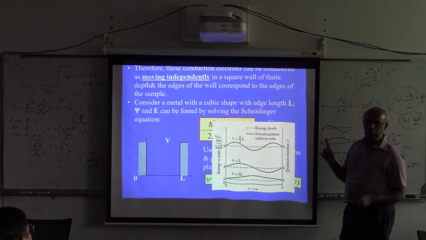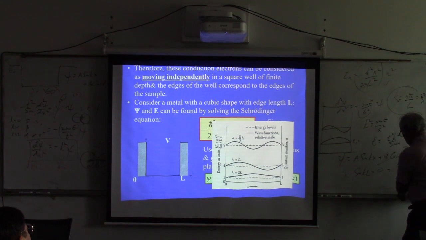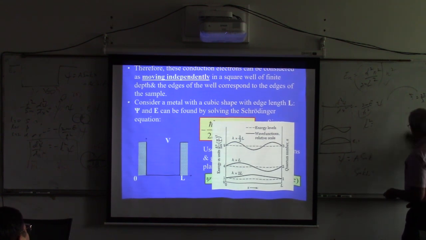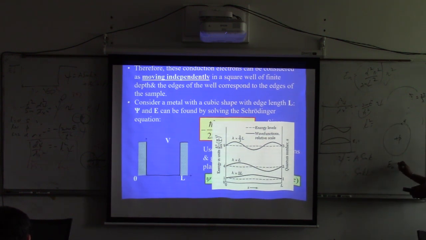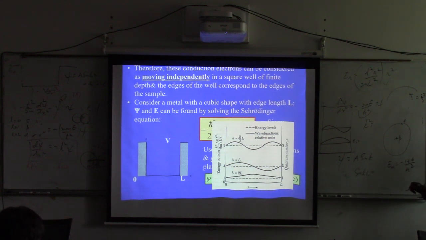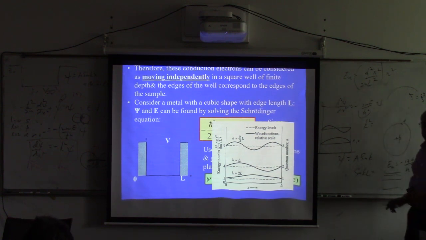Later you will find, if you have the Bohr atom with 1 proton and 1 electron, that your energy goes like 1 over n squared. That means the energy spacing is getting smaller and smaller. But here it goes directly like n squared.